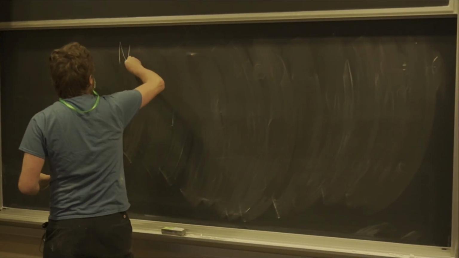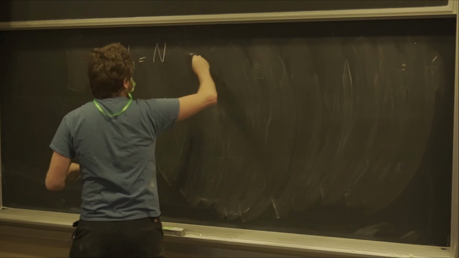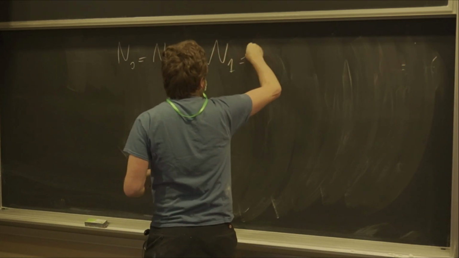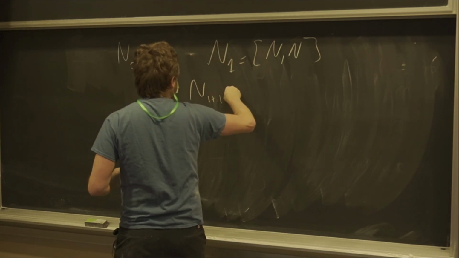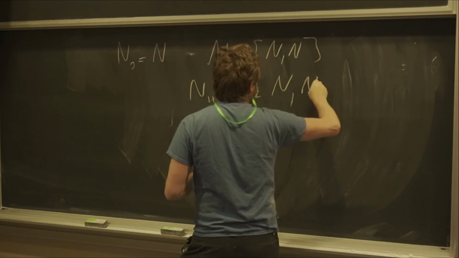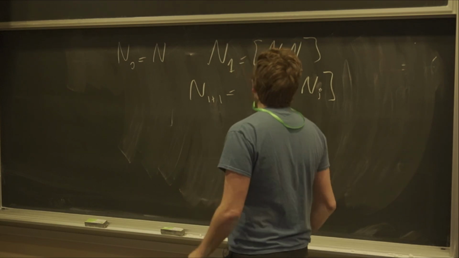In the case of nilpotent, N_0 is equal to N, N_1 is the commutator of N with N, but then N_{i+1} is the commutator of N with N_i.